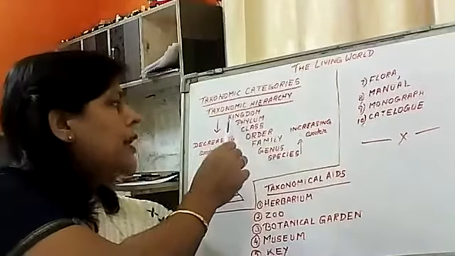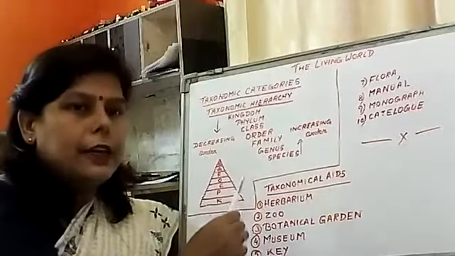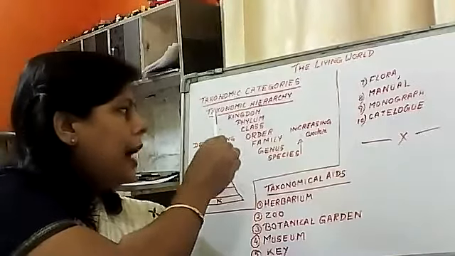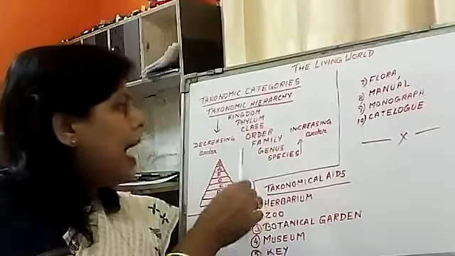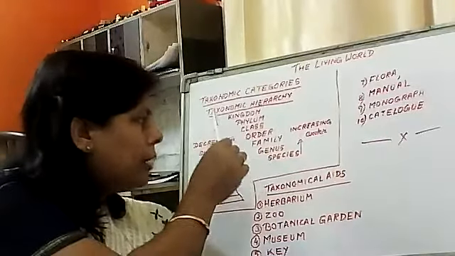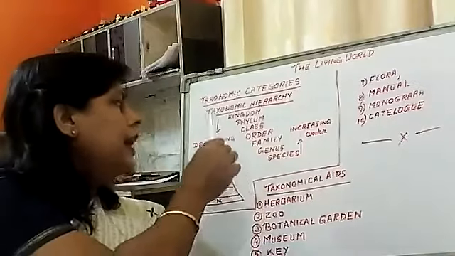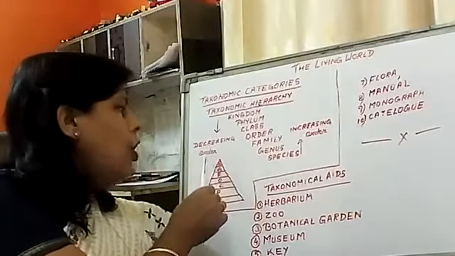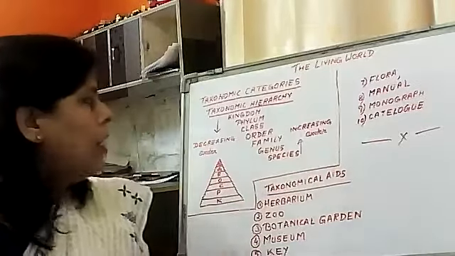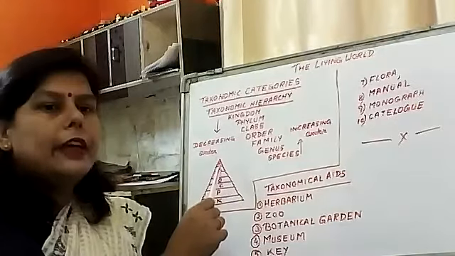These are the names given to different groups of organisms. The arrangement is done in a systematic order, either decreasing or increasing. Now, you just see here, I have drawn one triangle also.